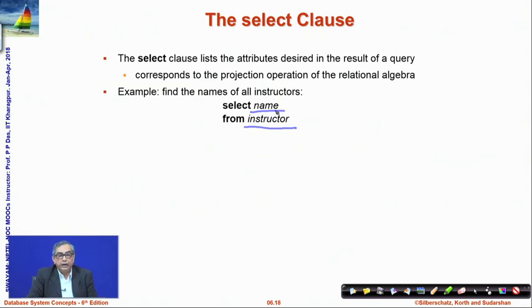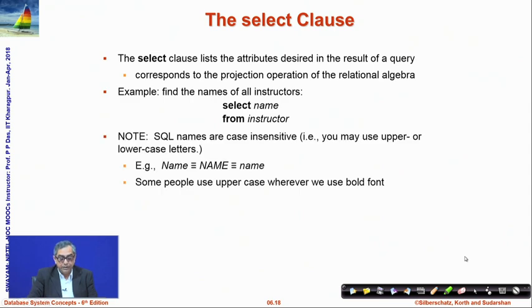The instructor table has 4 attributes: ID, name, dept name and salary. From that it will simply take the name of the instructor and list that in the output table. So, that is the basic form of selection.